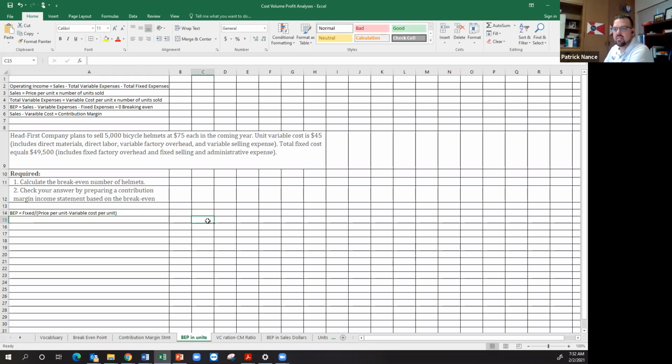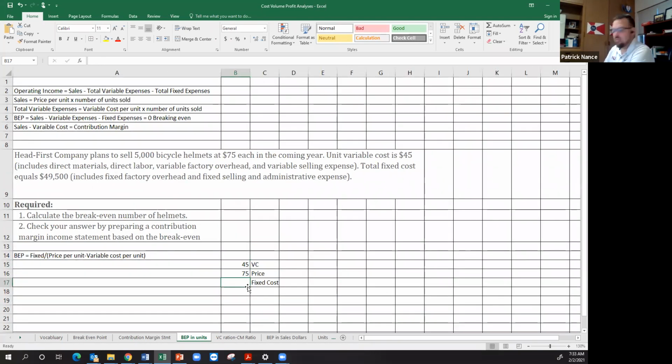In this case, my variable cost per unit is given at 45, my bicycle helmet price is 75, and my total fixed cost is 49.5.